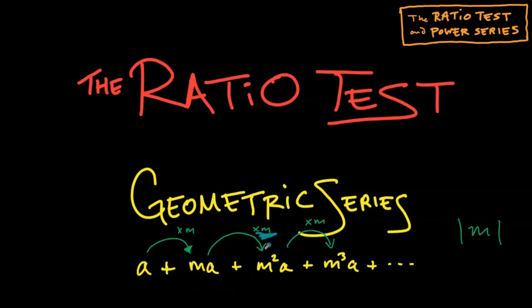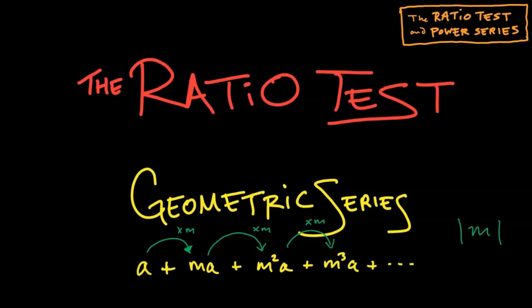So we could think of that as a ratio. Or again, if I take the ratio of this term to its predecessor, then I get m cubed a over m squared a. That's m. Well, look at that. The term to predecessor ratio is the same every time. It's always m. So I could think of that as a ratio and call it r. Well, yeah, sure you could, but my God, it's easier to think of it as a multiplier. So let's just do that.